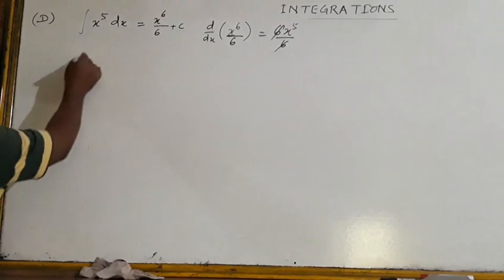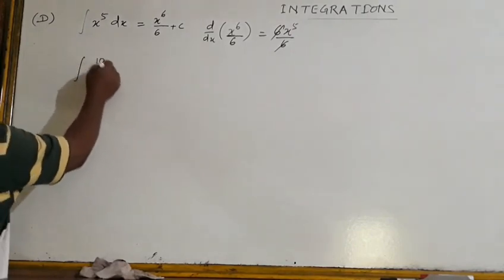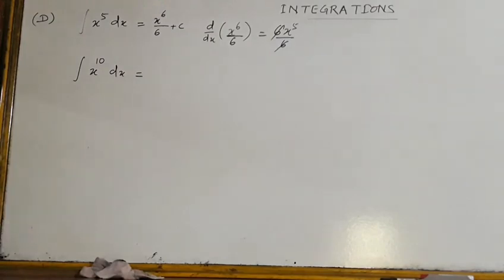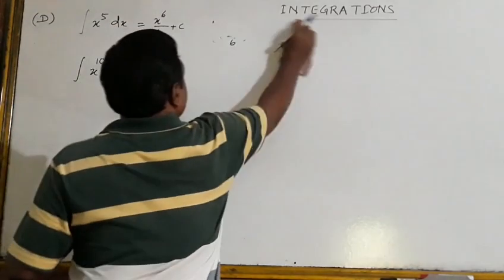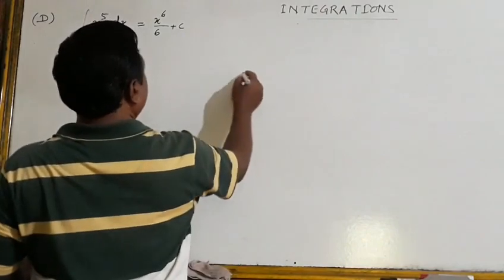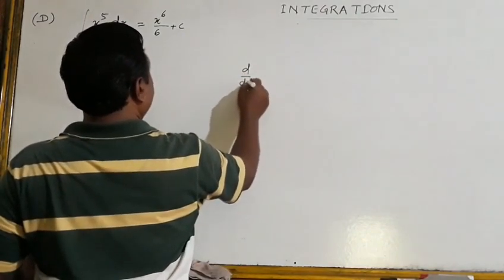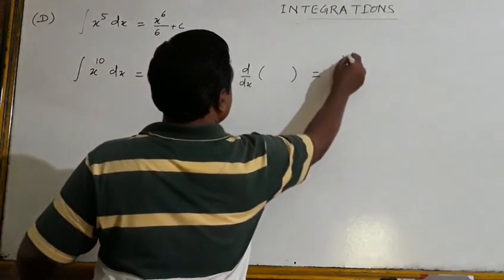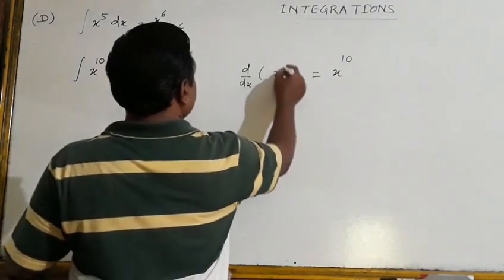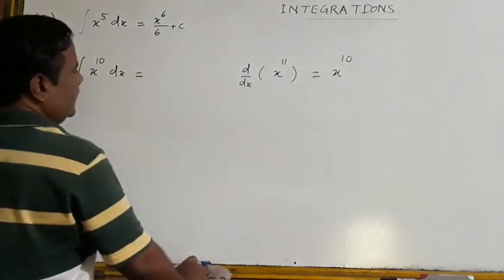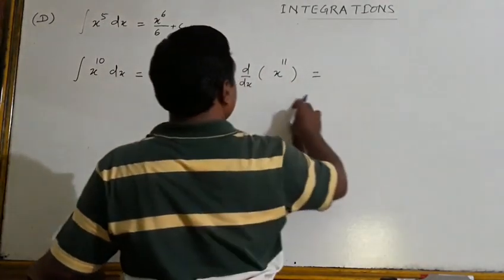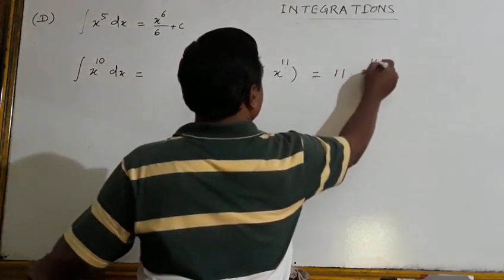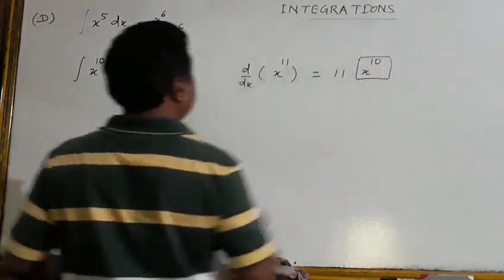Similarly, tell me what is the integration of x to the power 10? Whose derivative is x to the power 10? Okay, now look here. Naturally, x to the power 11, its derivative is 11x to the power 10, but I want only x to the power 10.